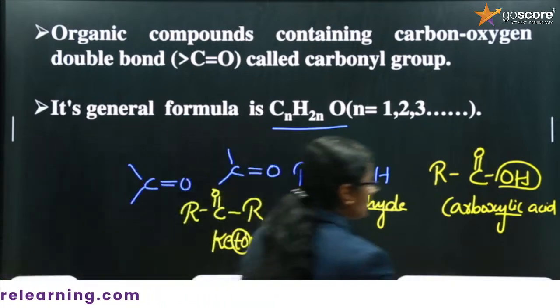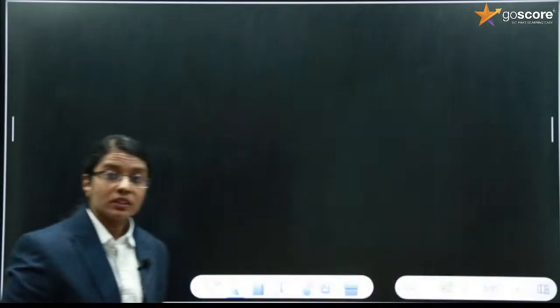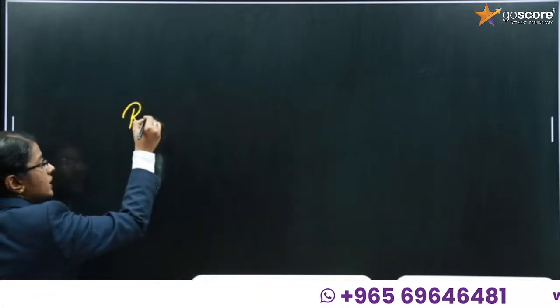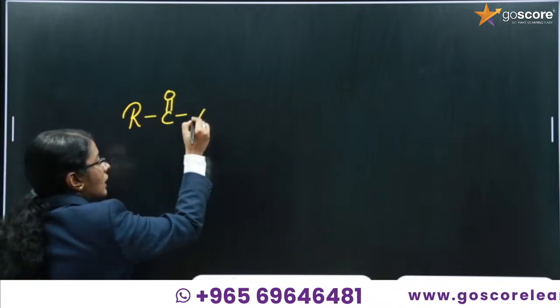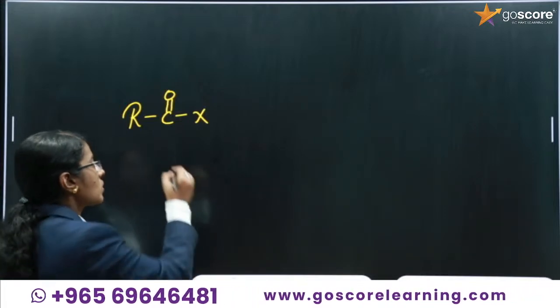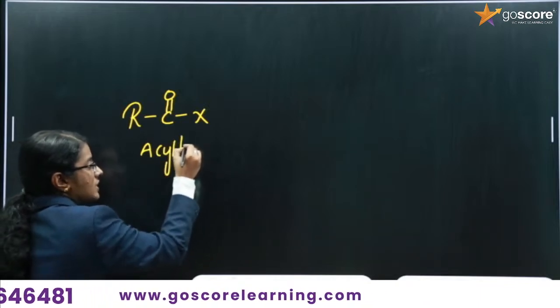And we have to study some other carbonyl compounds. If the carbonyl group is attached to a halide group X, it is called acyl halide.